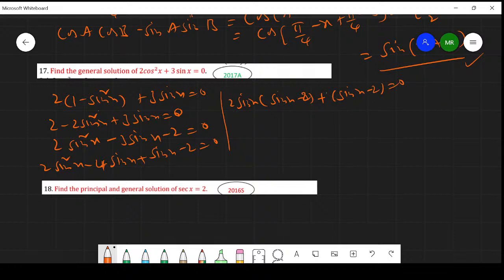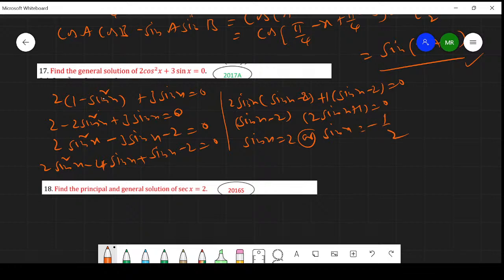I will take this one common. Be careful when you are finding factors. You will get sin x minus 2 into 2 sin x plus 1 equal to 0. So you will get sin x is equal to 2 or sin x is equal to minus 1 by 2.